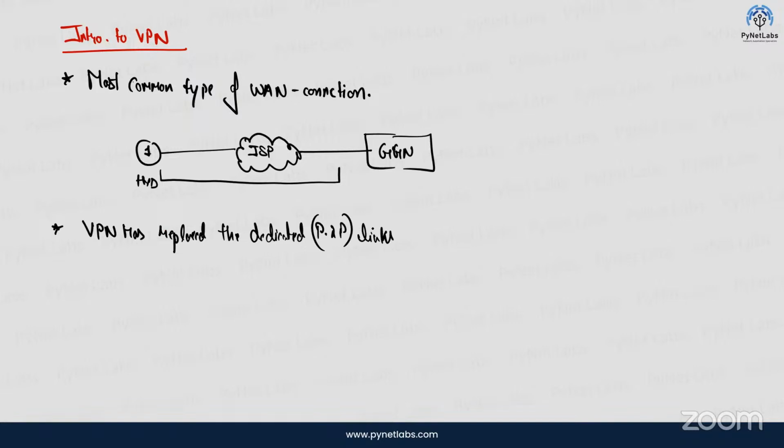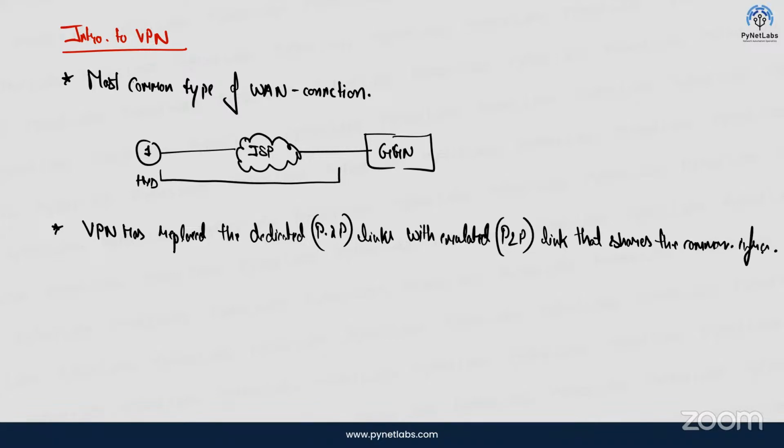While replacing these links, it has replaced them with emulated point-to-point links, where we can have reachability, and that share the common infrastructure.